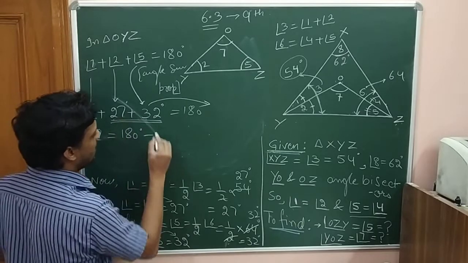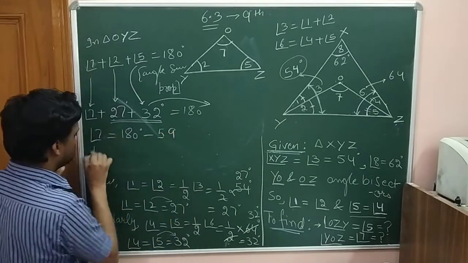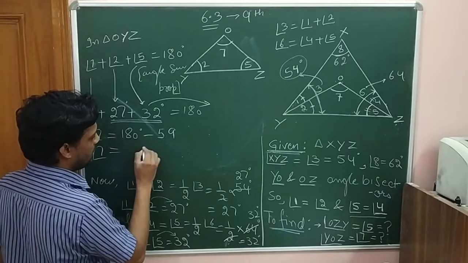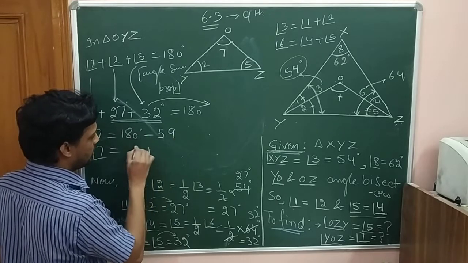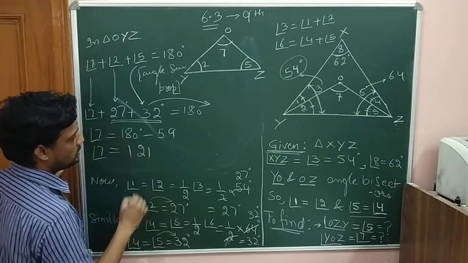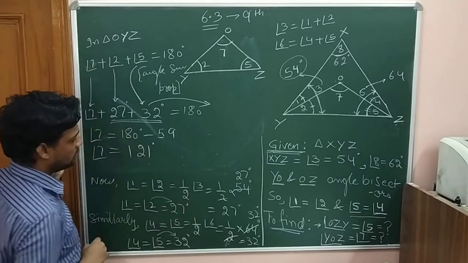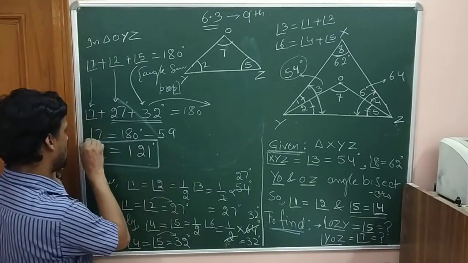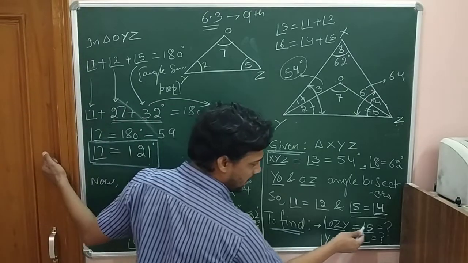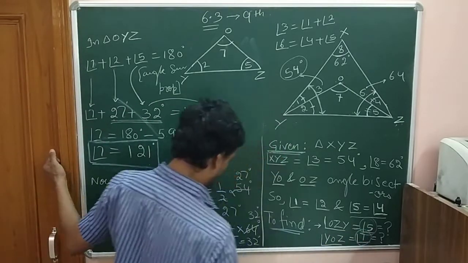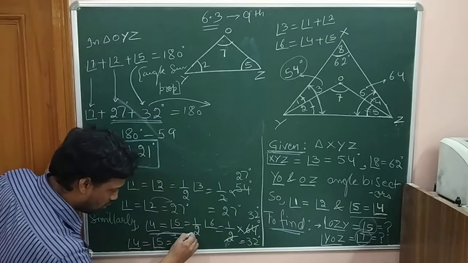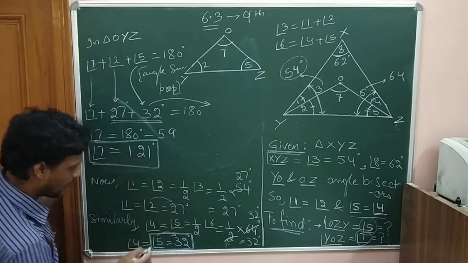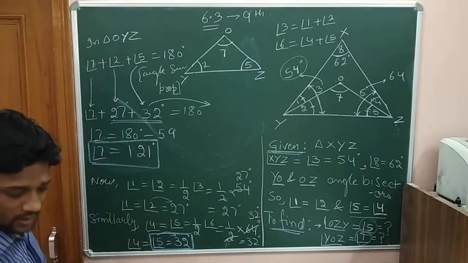That is 59, so 180 minus 59. So angle 7 is 121. Which angles did we have to find? Angle 5 and angle 7. Angle 5 is equal to 32 and angle 7 is equal to 121.